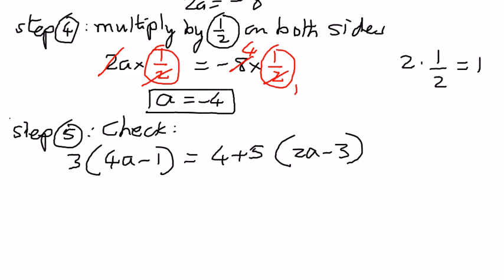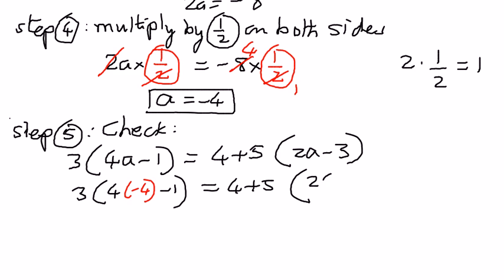Wherever we see a, we'll substitute negative 4. 3 times (4 times negative 4 minus 1) is equal to 4 plus 5 times (2 times negative 4 minus 3).